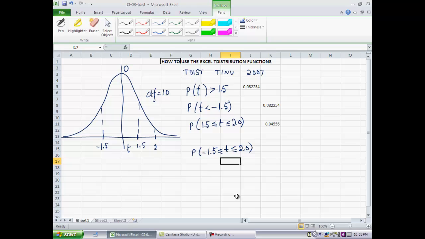The area to the right of 2 is Tdist 2, 10, 1. Correct? 3.6%. Now the area to the left of minus 1.5 is the same as the area to the right of plus 1.5, isn't it?